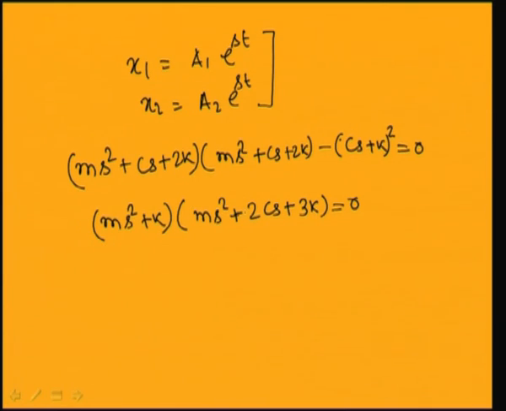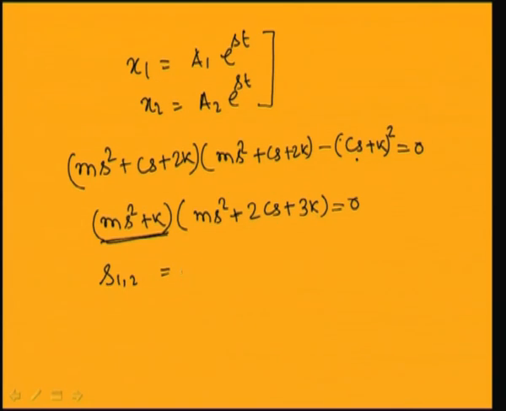You can do this by following 2-3 steps. You first multiply this equation with this equation and minus (cs plus k) square, expand these terms, and after expanding you can rewrite this equation in this form. So from this, this will be equal to 0 when either the first part equals 0 or the second part equals 0.